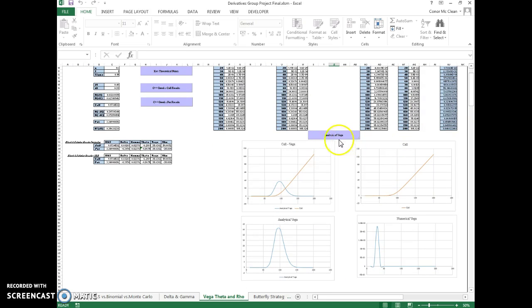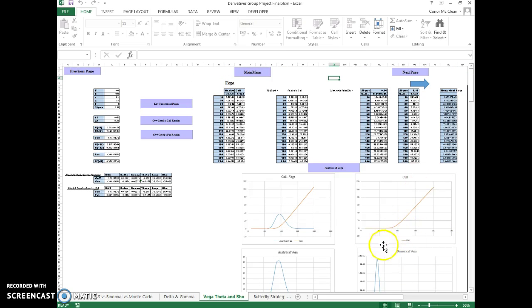As you can see here, for a call, the analytical vega, which makes reference to the effect of change in delta with respect to the change in stock, it can be seen that the delta has its most influential stage just below the exercise price of 100. To the right, the numerical vega that was calculated shows a slight variation in this.